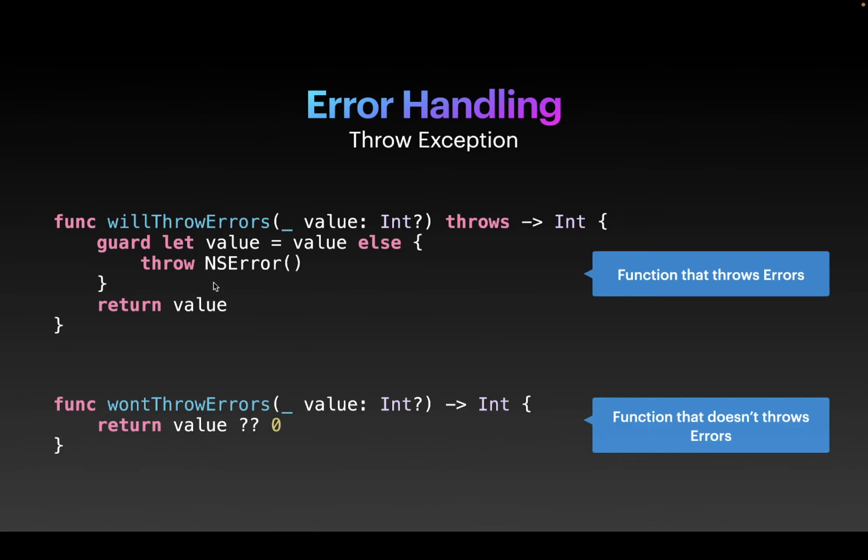You use the throw keyword, followed by something called NSError. NSError is defined in the standard library, and it's just a generic error. In the second one, we don't throw anything, we just return something. So if you want to throw, use the throw keyword and mark the signature with throws.